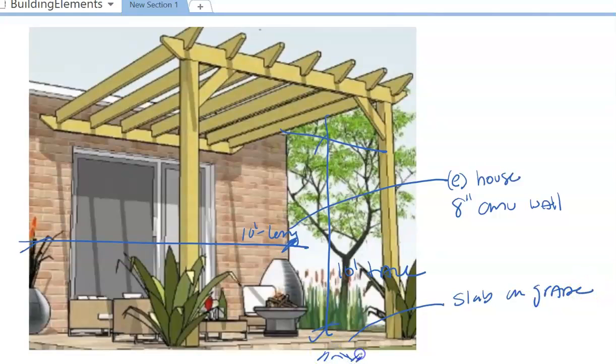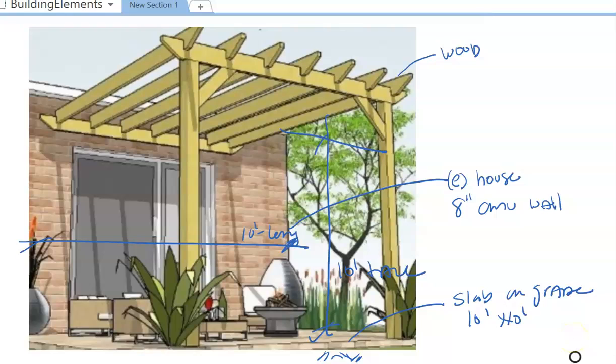Again, that's just a slab on soil, and that's going to be 10 feet by 10 feet. And you're going to put this wood structure in. We went through a masonry structure, a concrete masonry unit structure, and we have concrete footings. And now I'm introducing wood, which is common in residential construction.